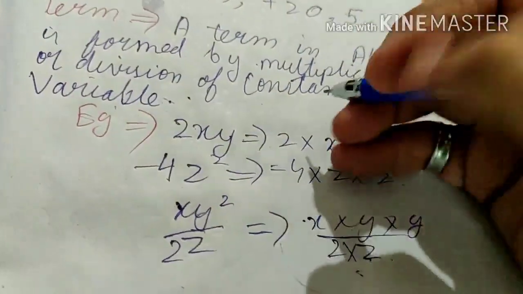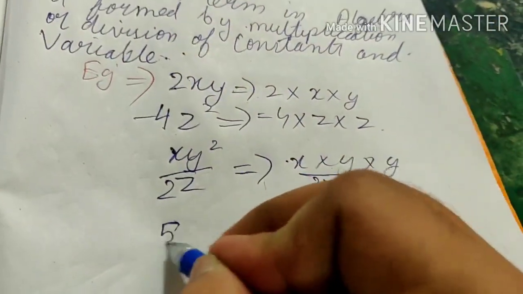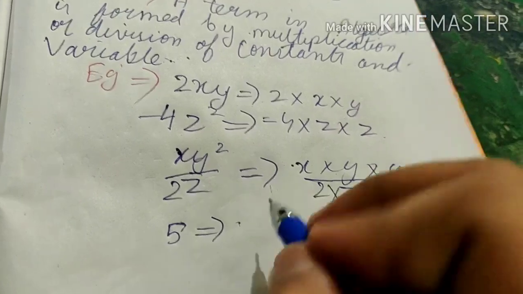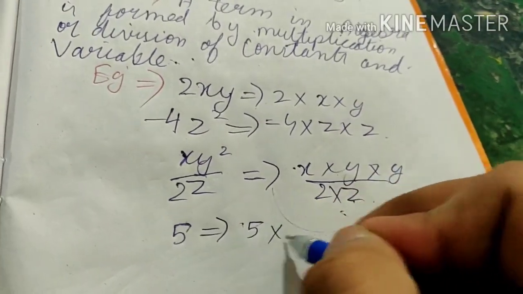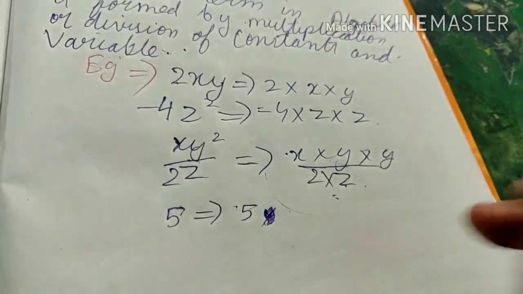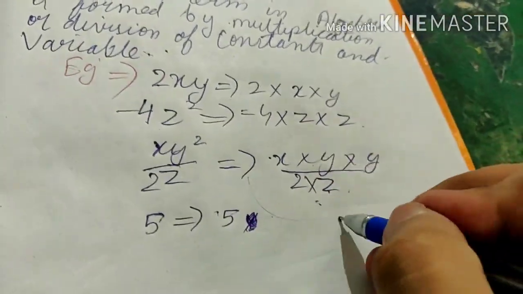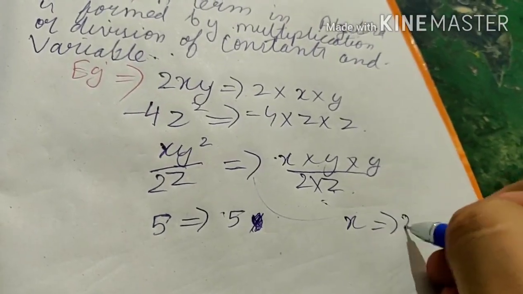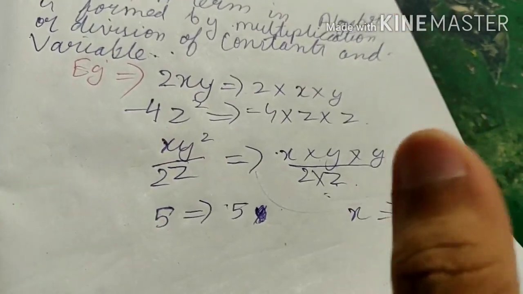A term, if we take simple 5, it is also a term. It means 5 into nothing, means 5. Or single x, this is also a term. Okay, these are examples of terms.